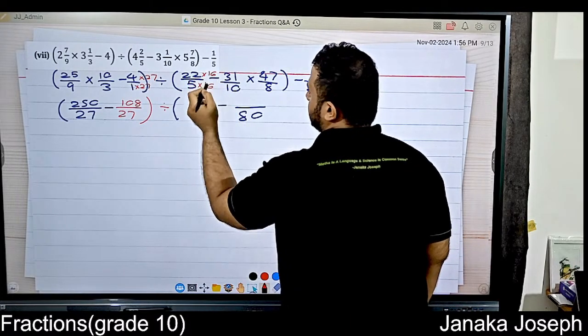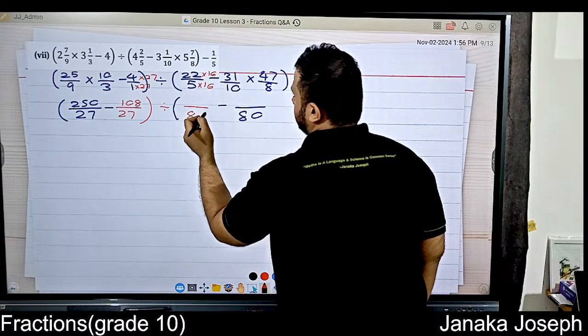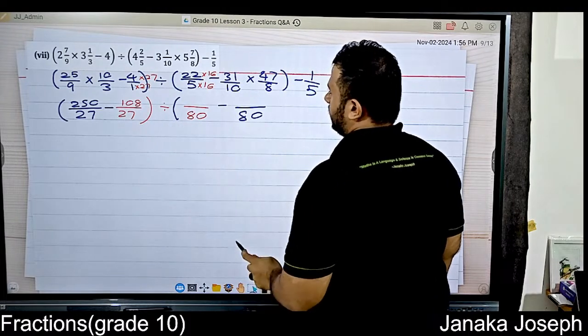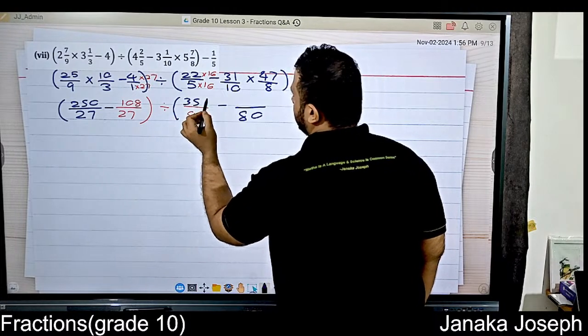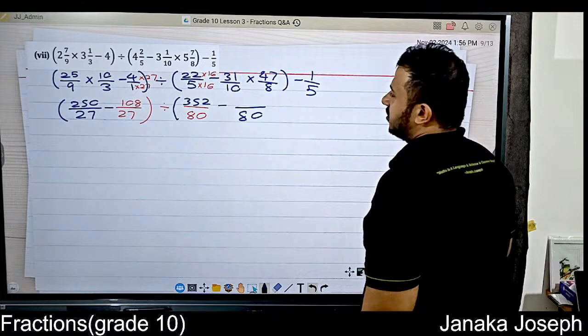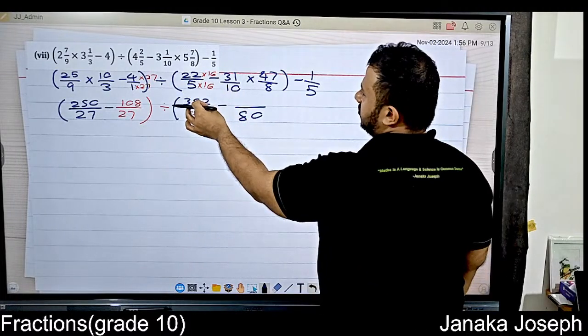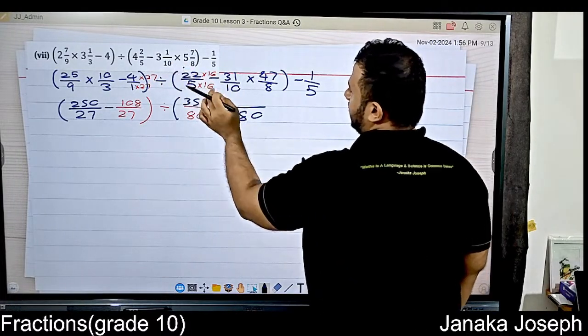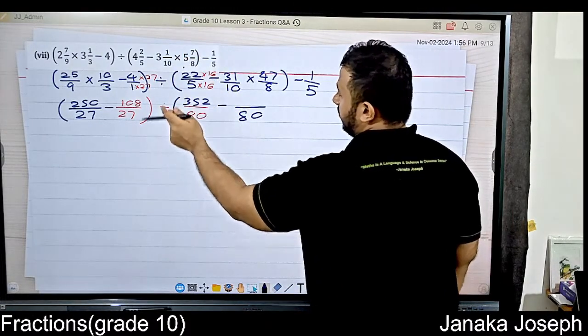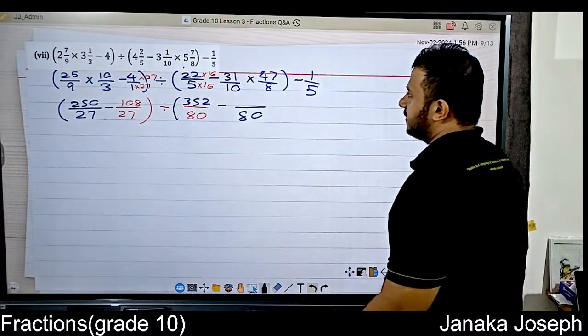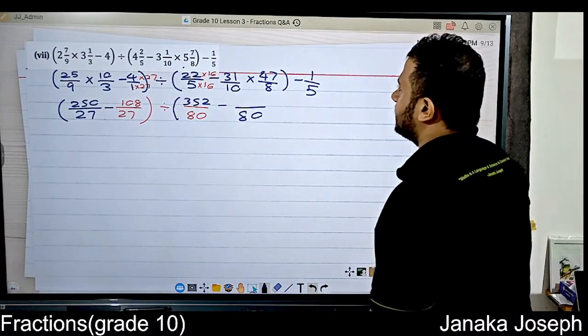Multiply by 16. 352, because 16 times 2 is a 32. 2 comes here. 3 goes to the neighbor. 16 times 2 is 32. With that 2, 3 is a 35. That's how I did it.